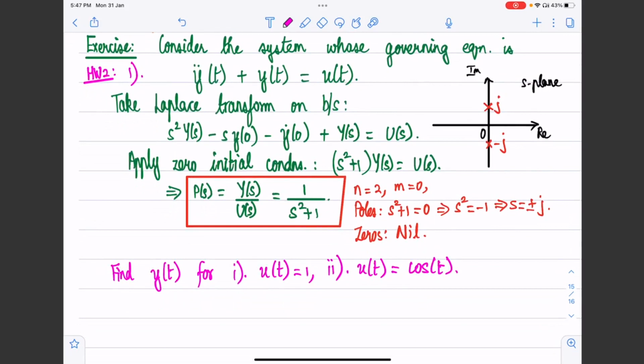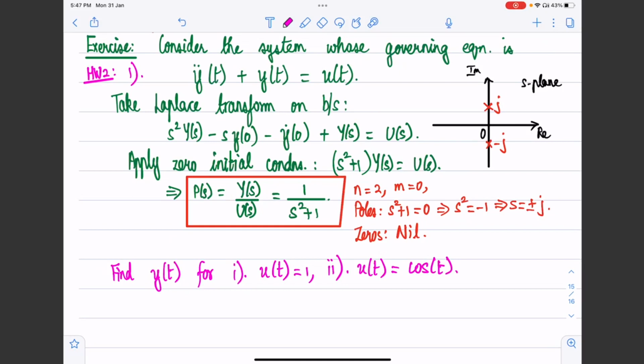I will tell you the answer a priori, based on the result that we wrote down, condition 3 and the 2 subconditions. Here the poles are at plus or minus j, so the value of omega is equal to 1. Obviously for the step input, you will get a bounded output.